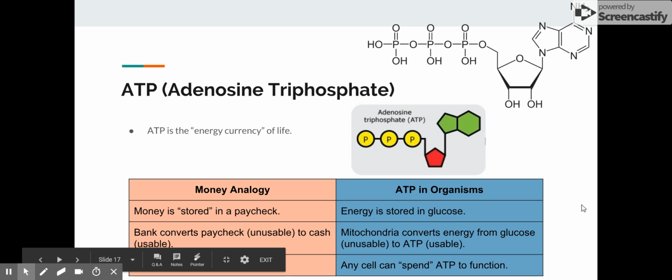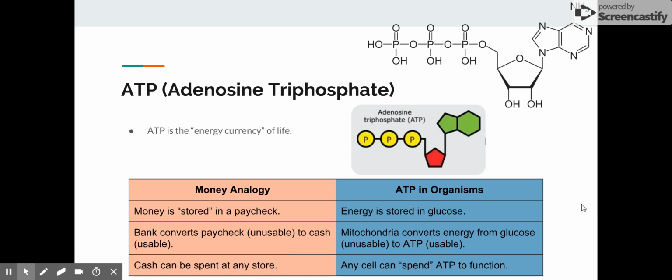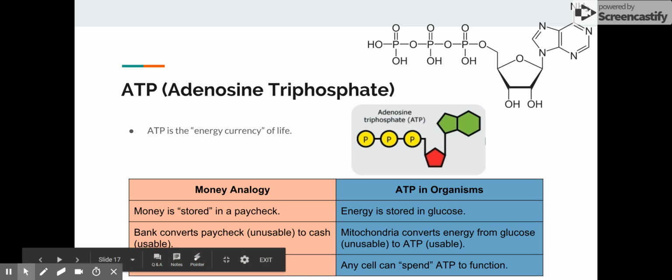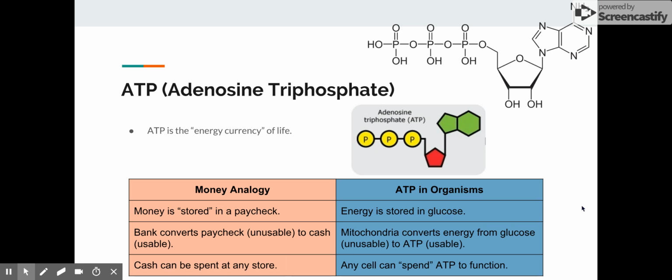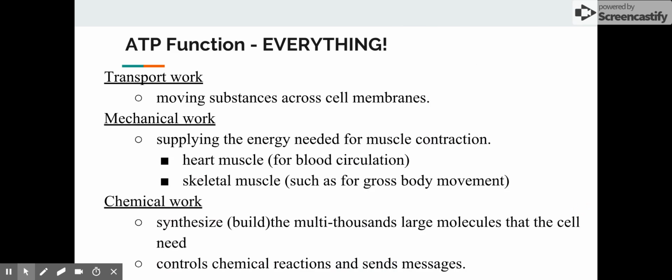So ATP is really the energy currency of cells. Glucose provides the large scale energy that gets converted into ATP in cells in the mitochondria.